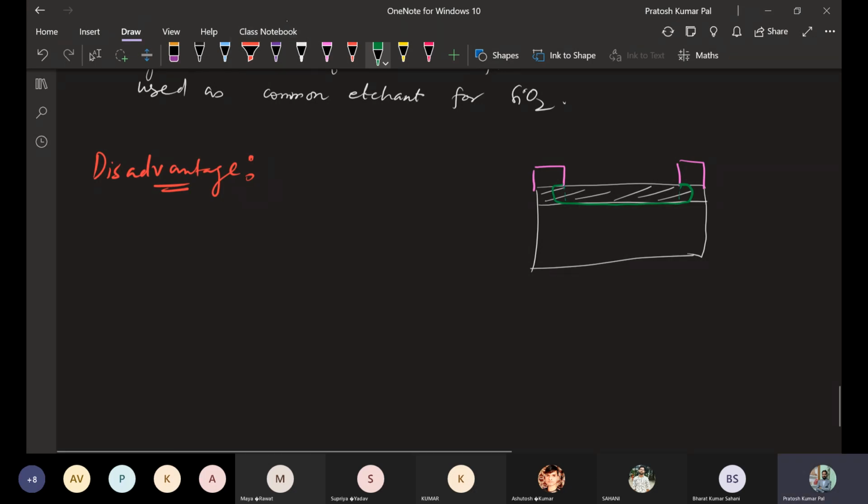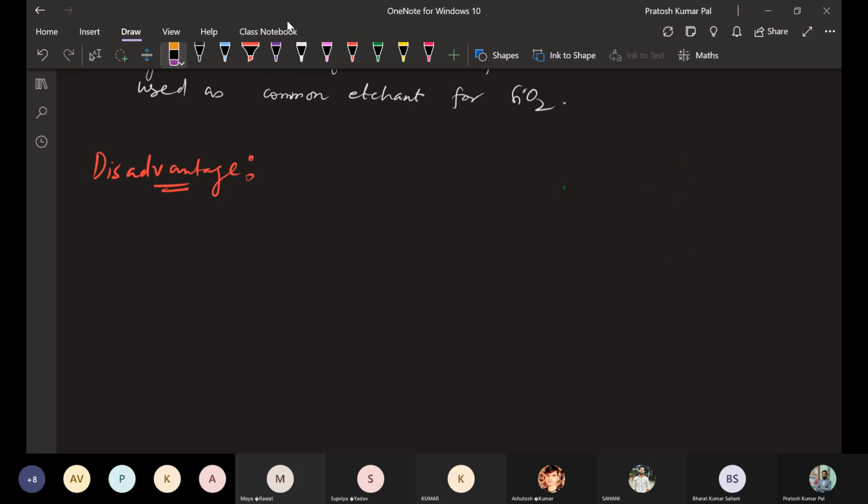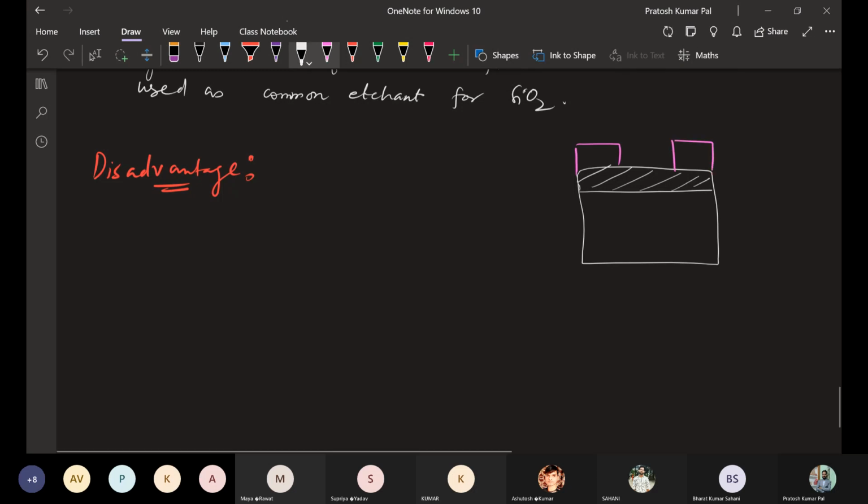Okay, so suppose we are going to have the reaction, and this is 1 micrometer length and this is 1 micrometer length.